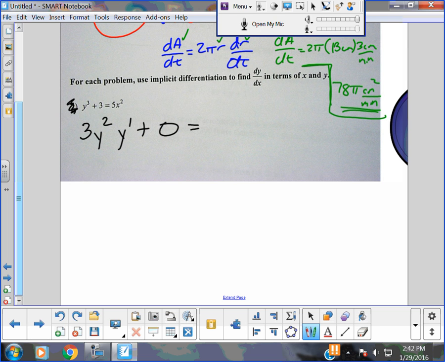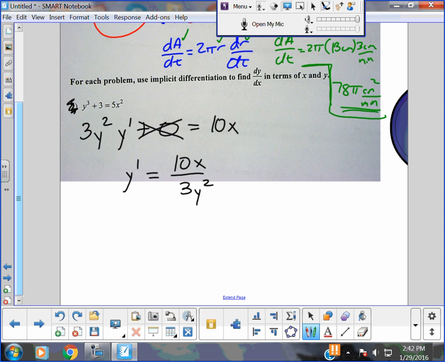The derivative of 5x squared is 10x dx, but I've divided by dx in my head. So the answer to this problem, because this is 0, y prime or dy dx equals 10x over 3y squared. That's the answer.